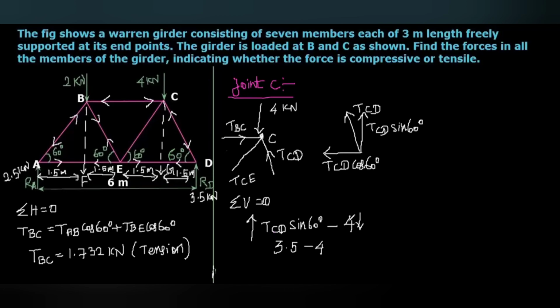Here you can see comparatively the downward force is greater than the upward force. So this TCE that should act upward, okay, then only this can compensate the downward force, or the resultant of these two forces.